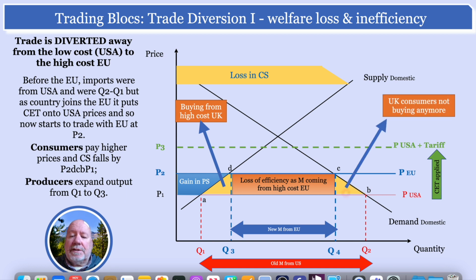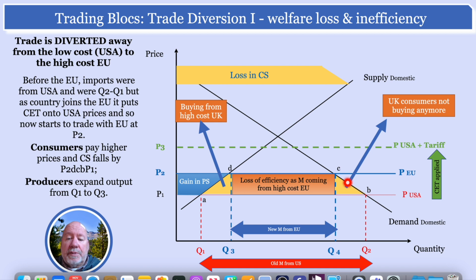And this triangle here is another inefficiency because we are now not buying these goods anymore. So the demand has gone down to C. This is the demand at this new EU price. It was here with the US price. We are now not buying that. And the question is, should we have been buying it? Well, you always go to the demand curve and you say that's the marginal benefit.